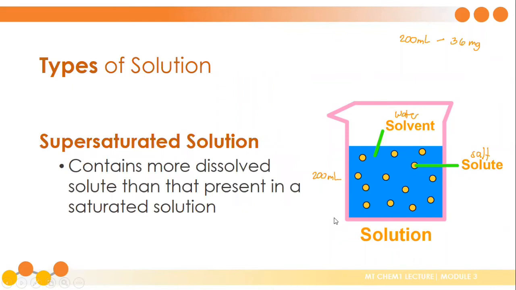The next one is a supersaturated solution. It contains more dissolved solute than is present in a saturated solution. So if in a saturated solution we have 40 milligrams, in this one we have 60 milligrams of solute, meaning we have a lot of solute to dissolve.